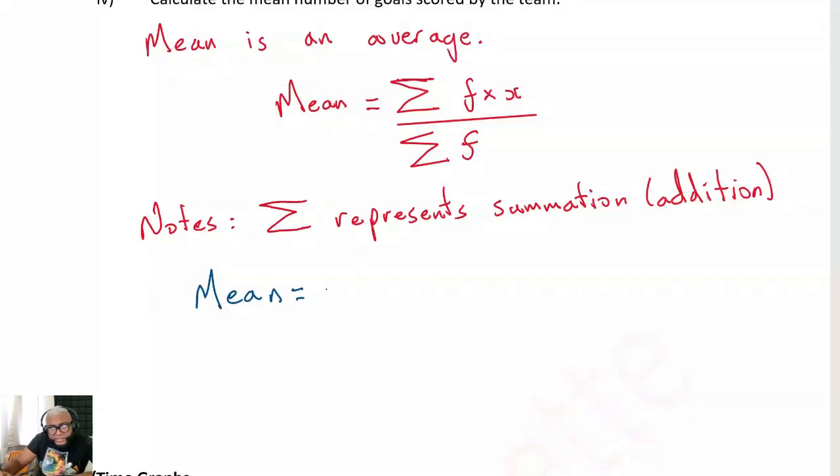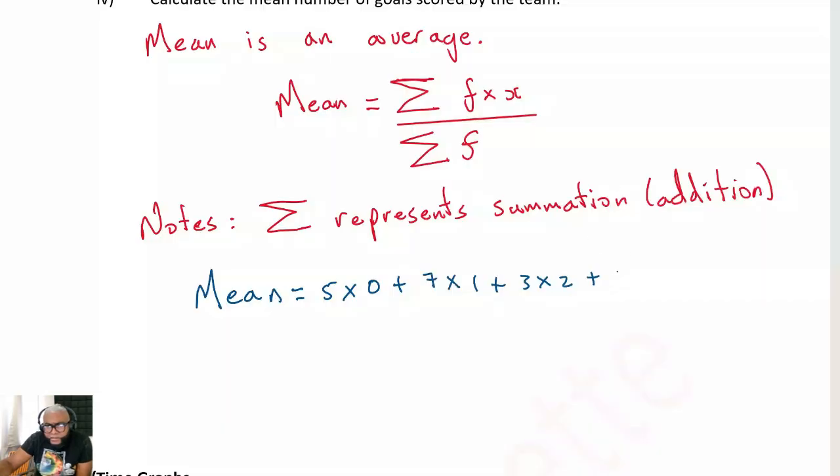So mean is going to be equal to, give me the first column. Nathan, what's the first column there? First column is 5, 0. 5 multiplied by 0, plus what's the second column? 7, 1. 7 multiplied by 1 plus what's the third column? 3, 2.